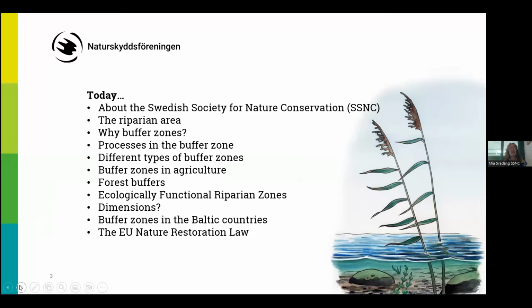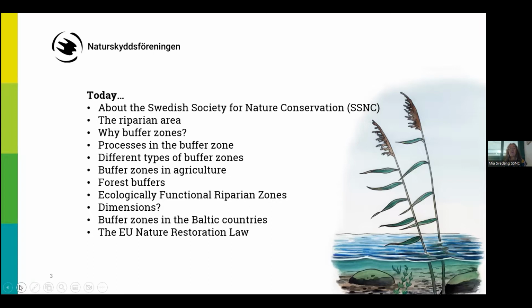But I will say a few words about the Swedish Society for Nature Conservation, and also talk about the riparian area and why we need buffer zones. And then I will talk a bit about the processes that we can find in the buffer zones and different types of buffer zones in agriculture and in forests, and also something that we call ecologically functional riparian zones.